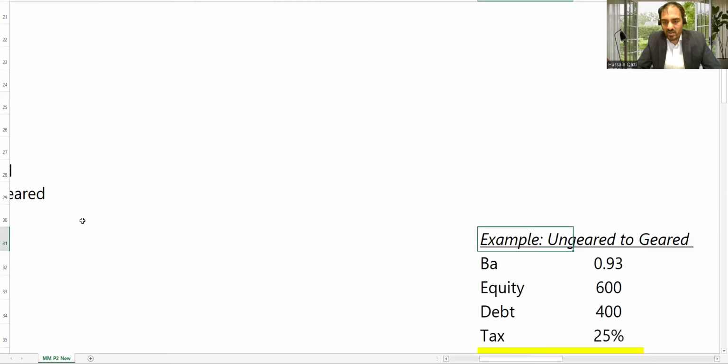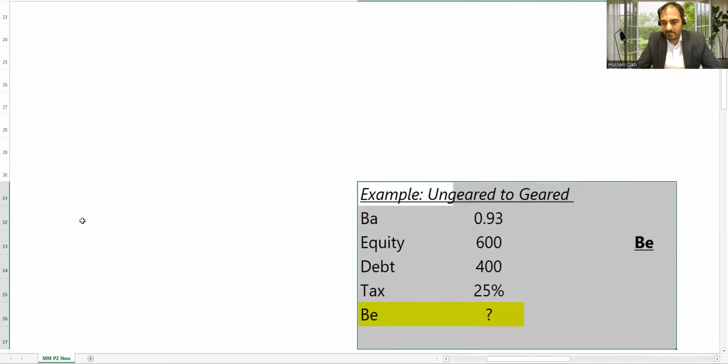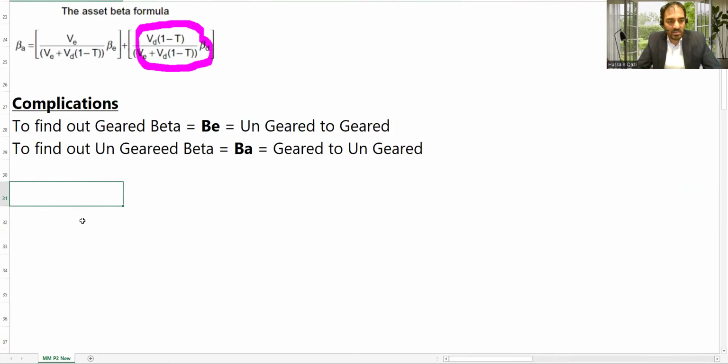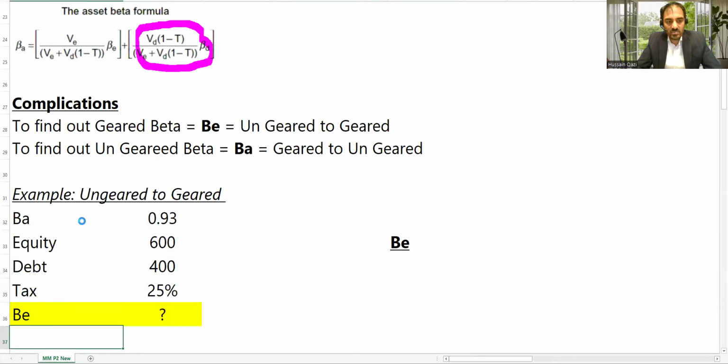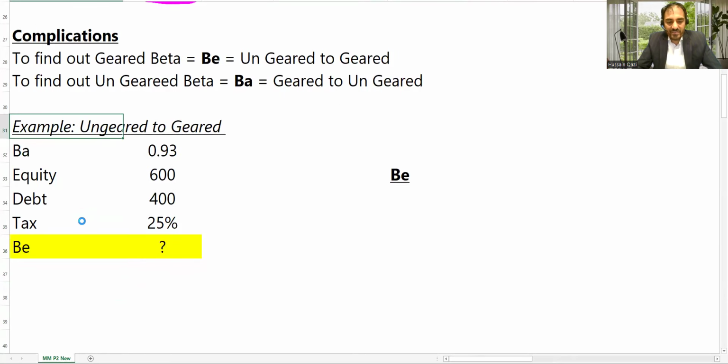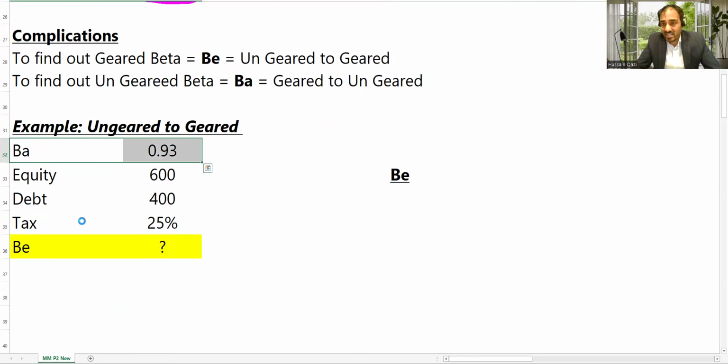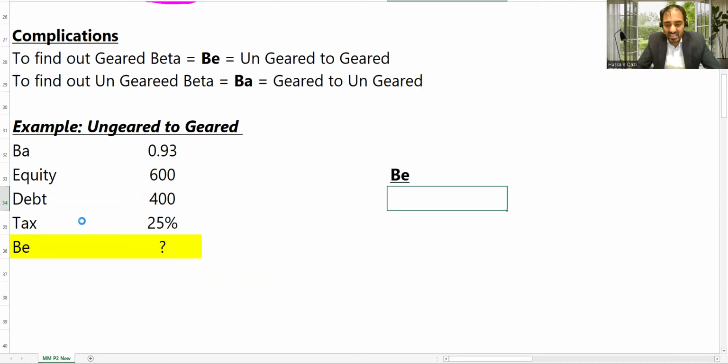Okay, let's take some basic examples. If there is an example about ungeared beta to geared beta, that means beta asset is available. Here the market value of equity and market value of debt are available, tax rate 25%, and you need to find out the beta equity. So how to calculate the beta equity? It's very simple.